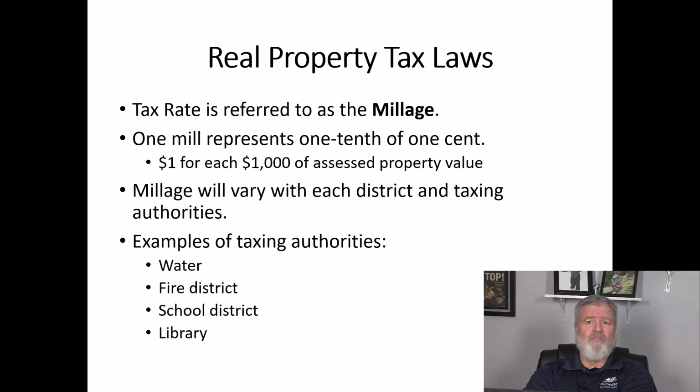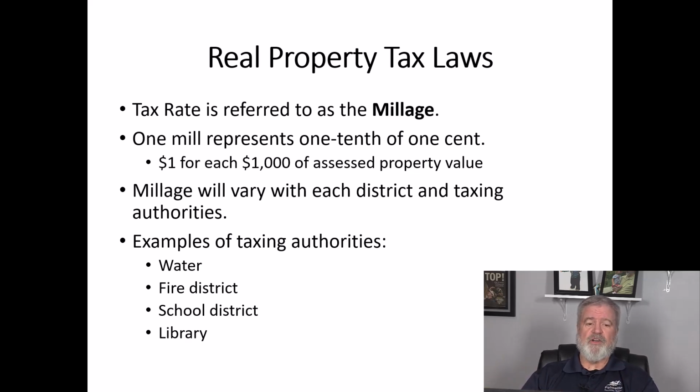Again, this rate will vary, not only from state to state, but municipality to municipality. It's going to be different. It depends on what the budget for that municipality is. Okay. And then you see some examples of what some of these taxing authorities are. What you're looking at here is, at the end of the day, the municipality has to create enough revenue through taxes to pay for everything that has to be paid for within that municipality.